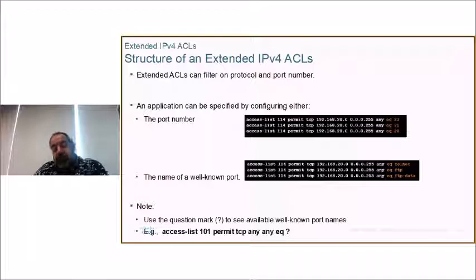It's pretty consistent with how we did the standards, but of course there's just more information. You need to specify a protocol, and then its source address. You can also do a source port number. And then the destination address, which is any address in this case, and the destination port number.